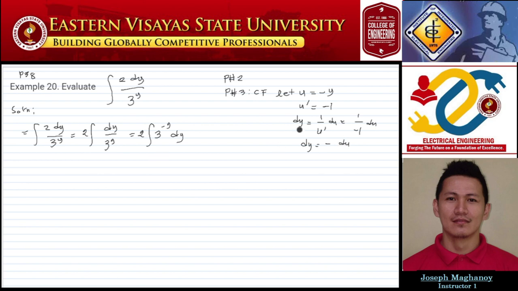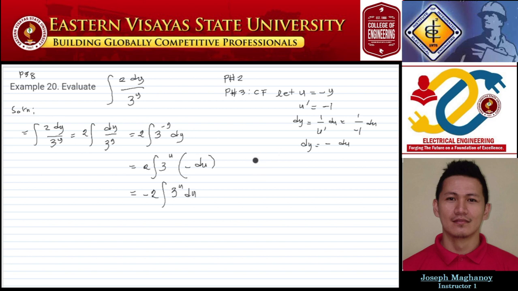So finally, we can apply our correction factor here. 2 integral of 3 raised to negative y, we replace it with u, and we apply our correction factor for dy, negative du. Now, the constant negative 2, integral of 3 raised to u du.